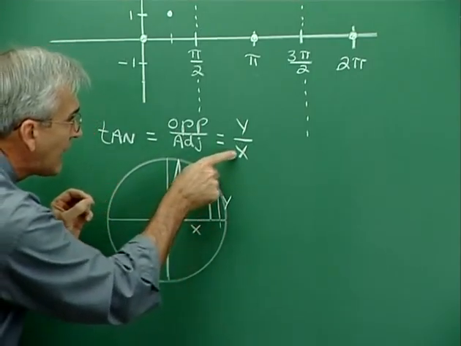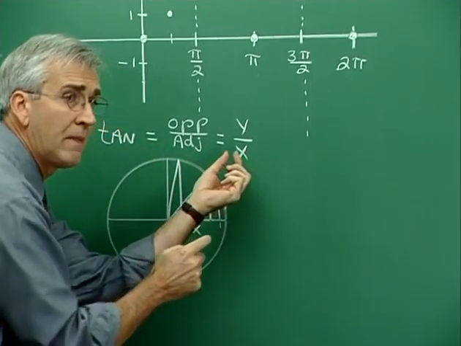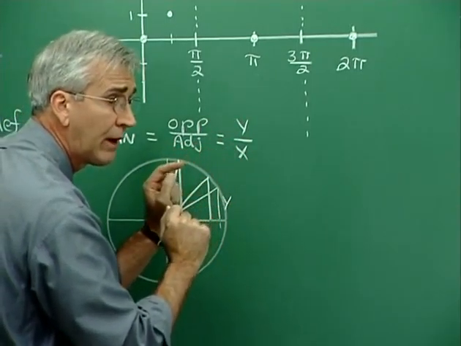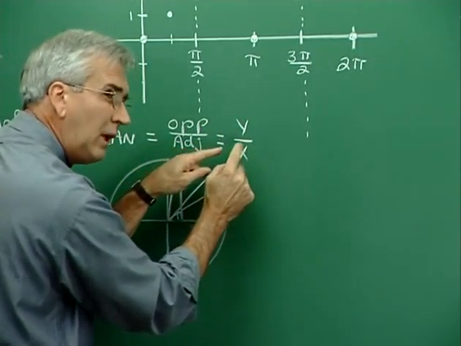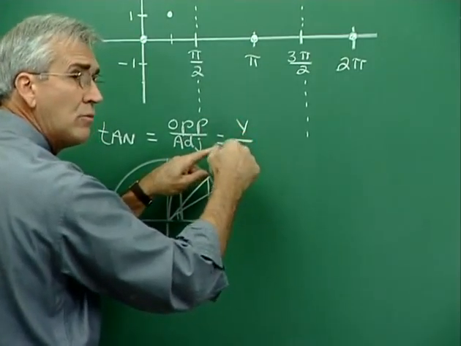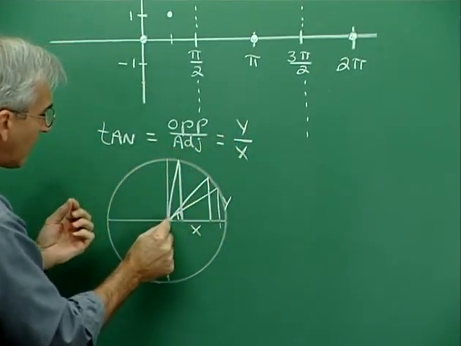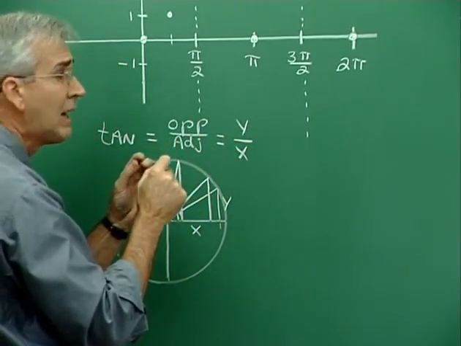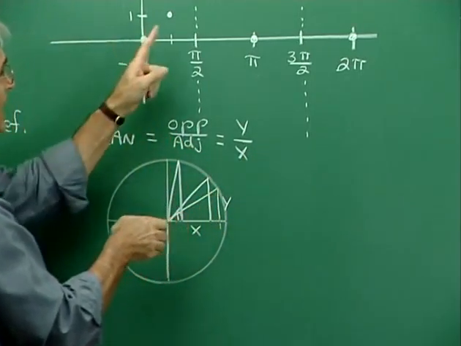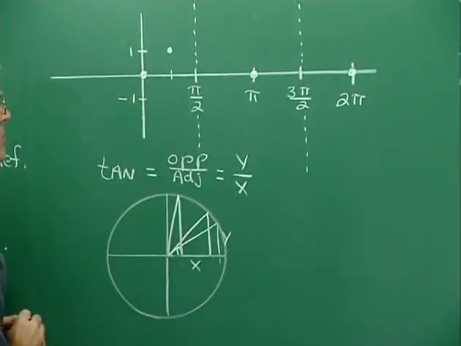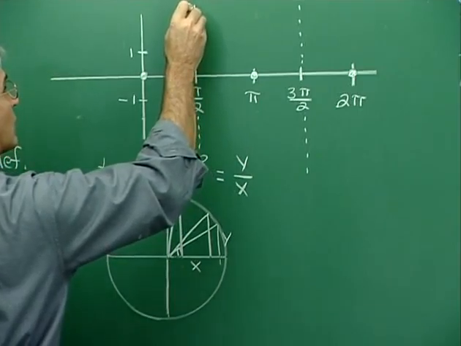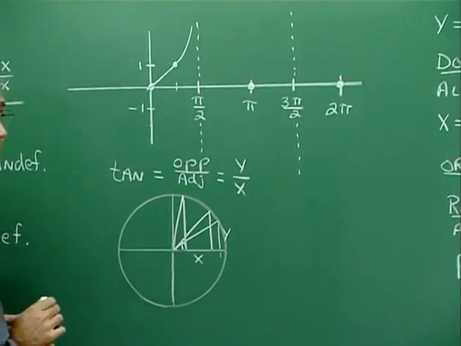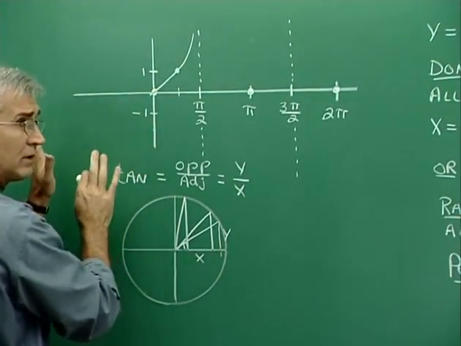So that x value, that denominator, is becoming very, very tiny. And the tinier it gets, the more times it goes into that numerator, even though the numerator is pretty small. X is getting really, really little, and it'll go into that y value more and more times. And the closer it gets to the pi over 2 mark, the smaller x gets, and the more times it goes into the numerator, and the bigger this fraction becomes. And that's why it goes upward without bound. And the situation then looks like this. It's kind of like that. Now it continues over here, and we'll consider that in a little bit.